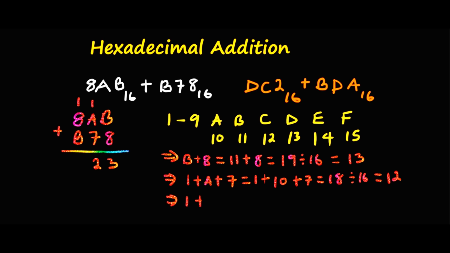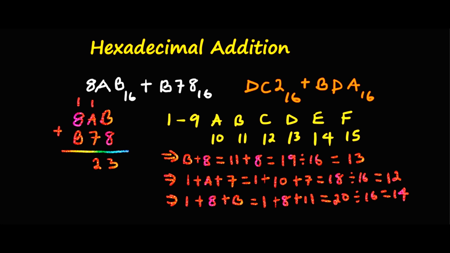So that in the next step, you have the carry, which is 1 plus 8 plus B. B stands for 11. So if you look at that, you're going to get 20. Again, you divide 20 by the base. So 16 goes into 20 once, and then there's a remainder of 4.